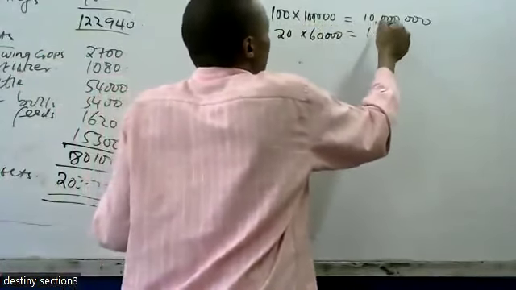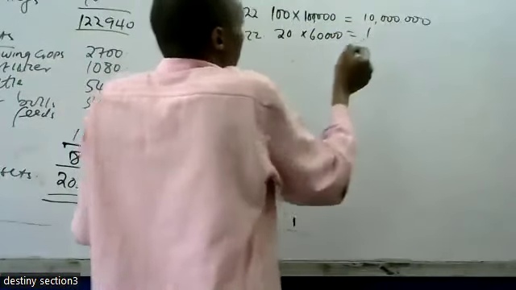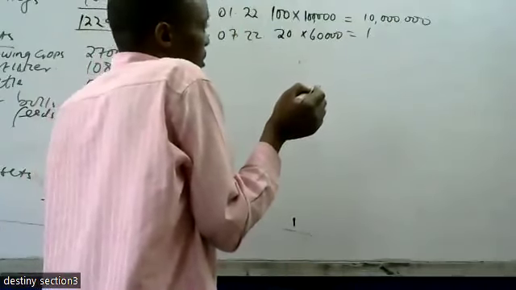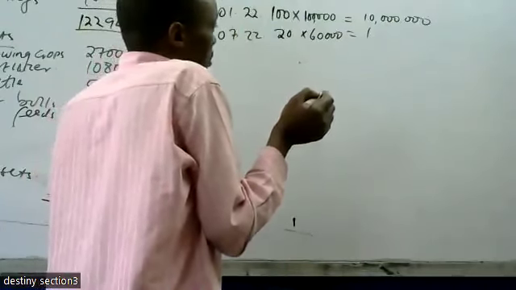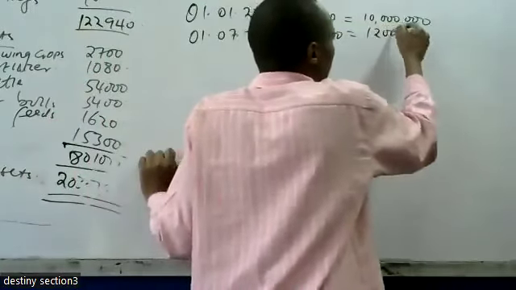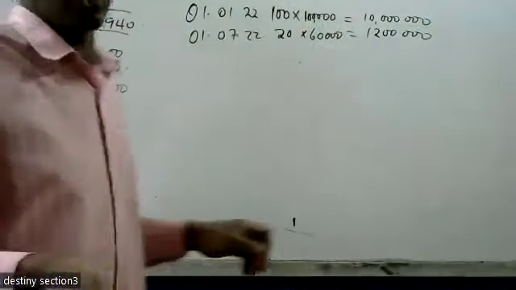This is 60,000 times 12. Could it be 1.2 million? Which were 2 years and a half. 1.2 million.